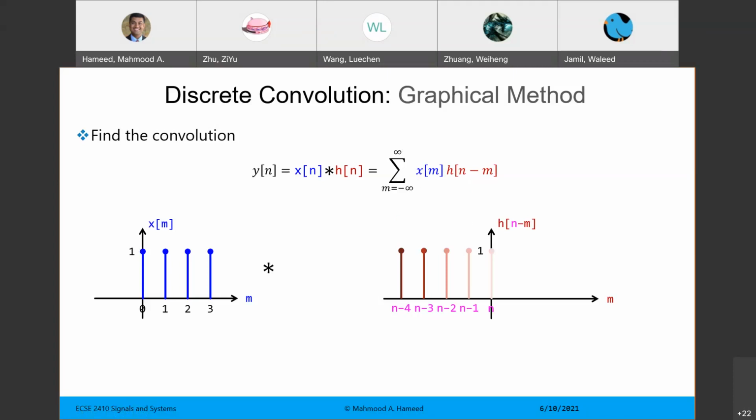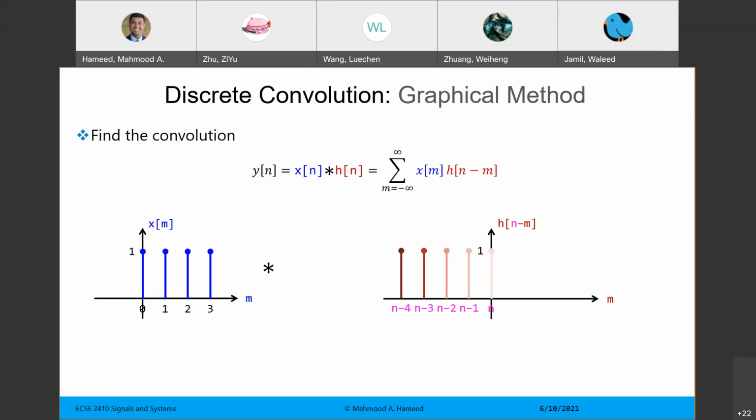So tell me, if n is 0, what will the summation give you? 1, right? Because there will only be one element that will be overlapping, the one on the y-axis. So it will be 1 times 1, that's it.